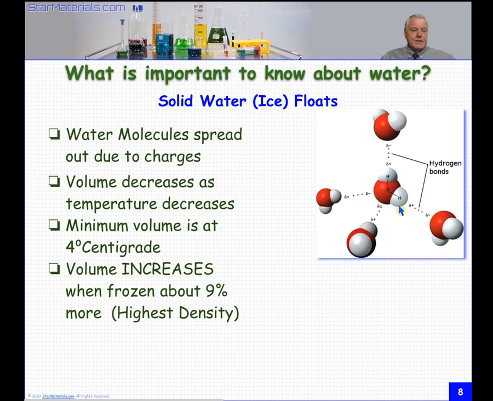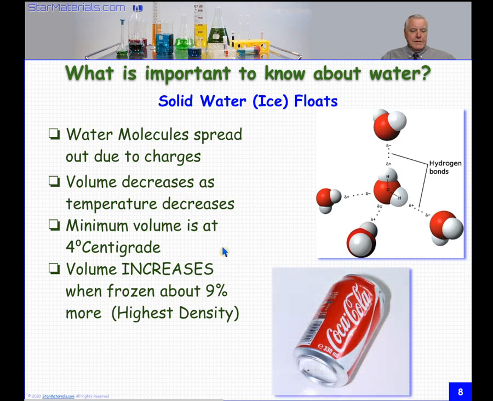It's because of these charges and the way the atoms arrange themselves. That's why if you ever look at a can, the bottom of it has this dimple in here. It's pushed in.